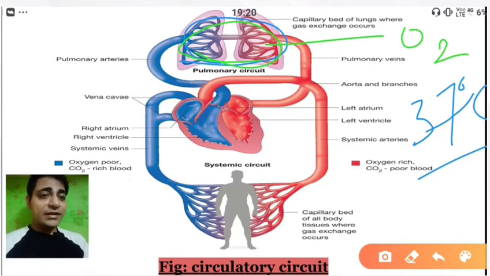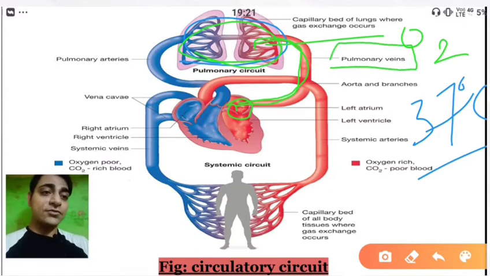So purified blood now needs to be sent to the heart, because the lung cannot circulate the blood throughout the body. So the lungs send the oxygenated blood to the heart. Which portion of the heart? To the left atrium of the heart, through 4 special veins known as pulmonary veins. So the pulmonary veins are the channel from the lung to the left atrium to carry the oxygenated blood.